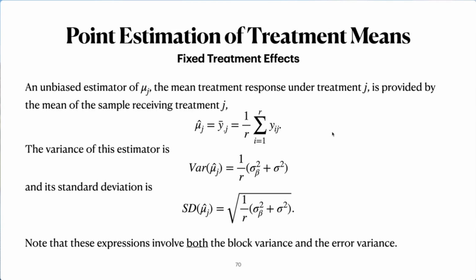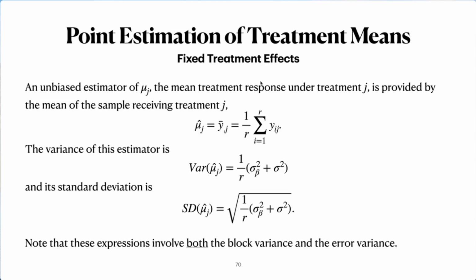Now, in order to go any further, for example, to construct confidence intervals for mu sub j, or to test hypotheses about mu sub j, we have to know something about the sampling distribution of mu hat sub j, this unbiased estimator of mu sub j. One of the things we need to know about it is its variance.